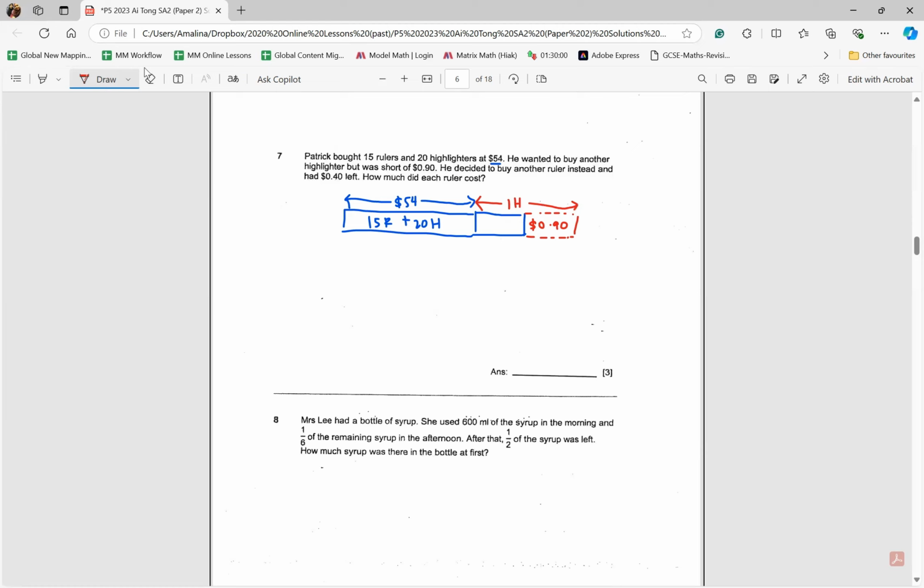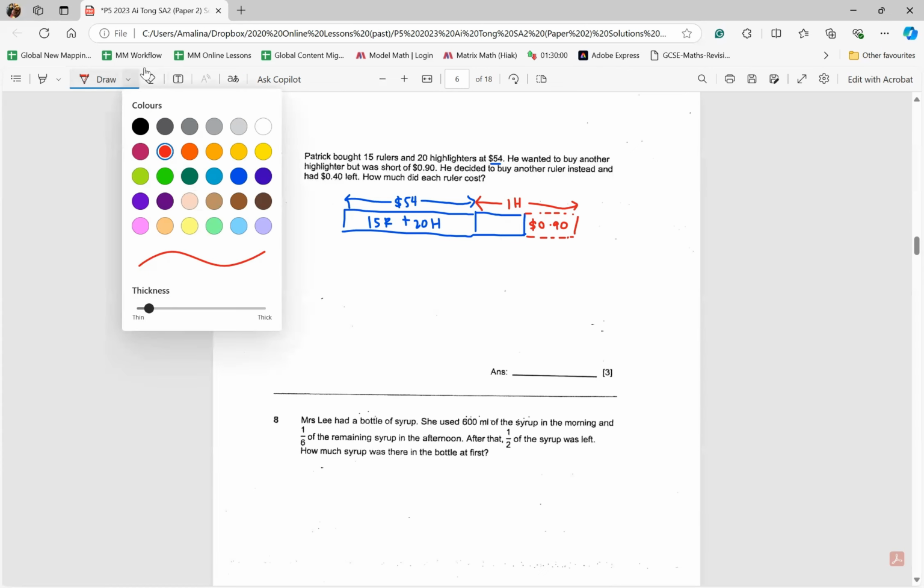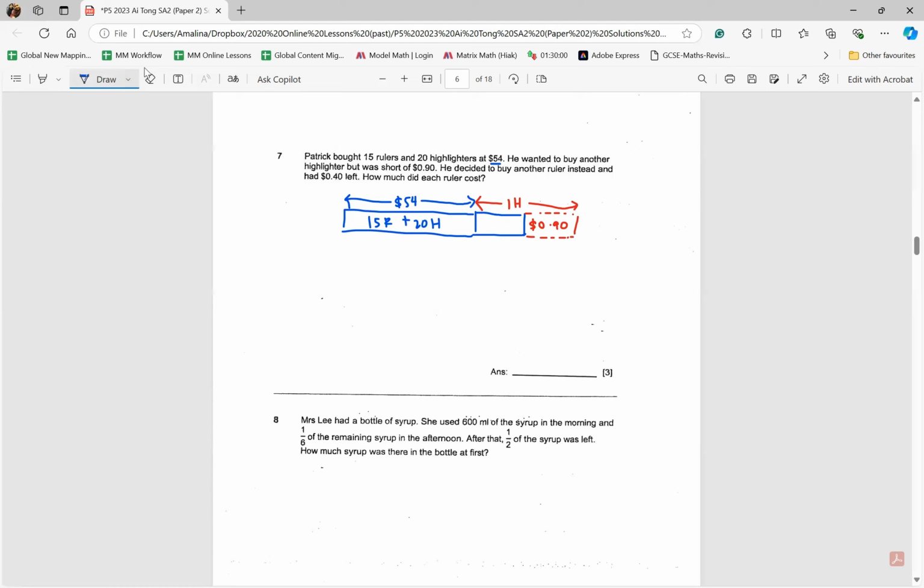Now, he decided to buy another ruler instead and had 40 cents left. So I'm going to create the same model as before. I'm going to draw the same rectangle. So this is my 15R plus 20H. Okay, this is my $54.